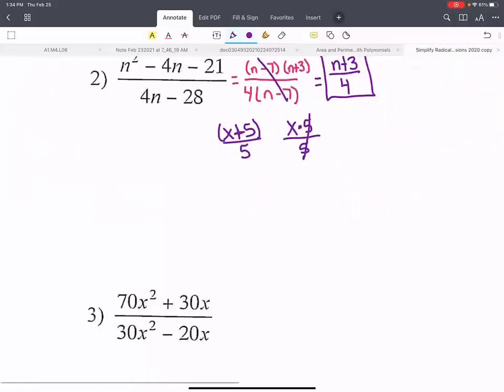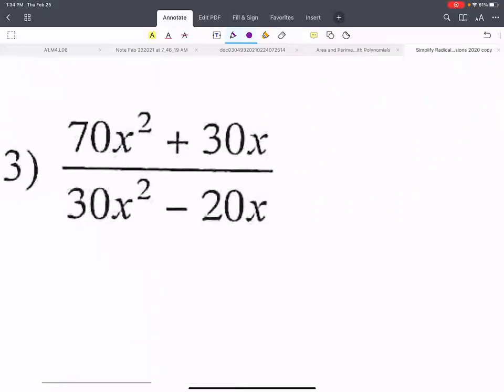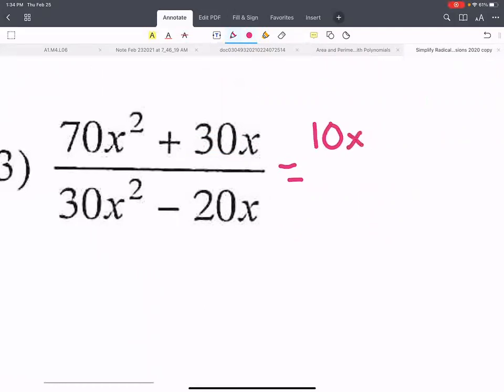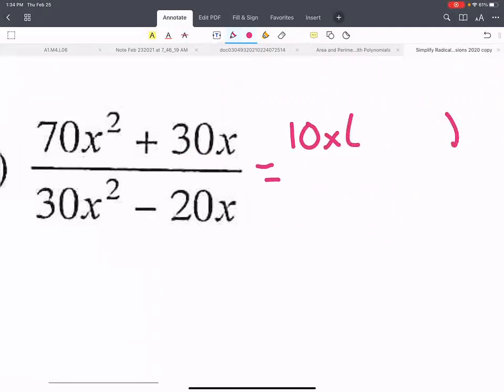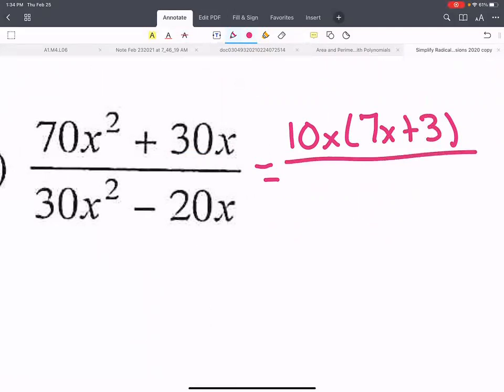Okay. Let's look at number 3. What can I factor out of number 3? What else? 10x. Good. And then inside the parentheses, that would leave me 7x plus 3. On the bottom, what can I factor out? 10x.